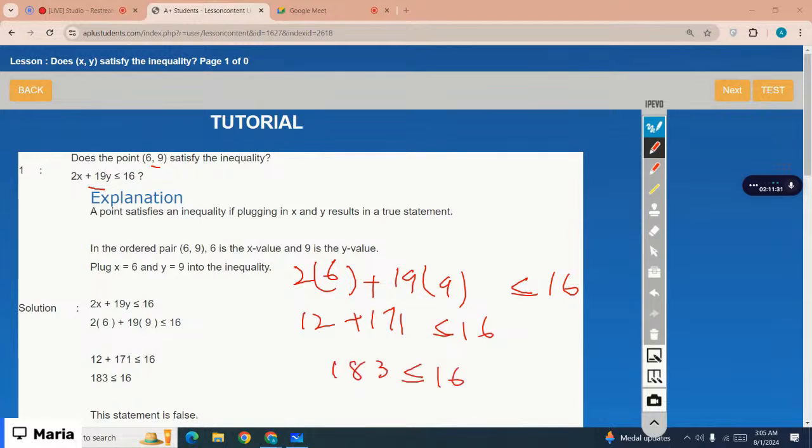Just add, that is 183. False it is, because 183 is not less than 16, right? 183 is greater than 16, not less. So false it is. That means the point (6, 9) does not satisfy the inequality. Got it?